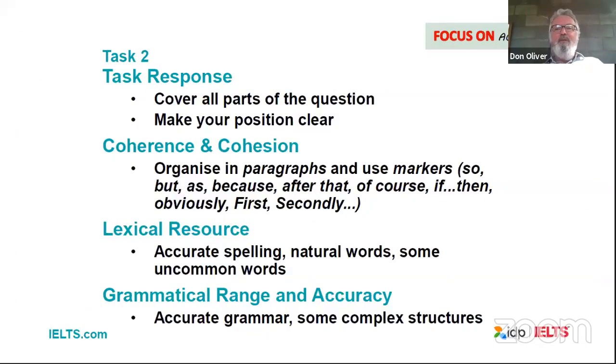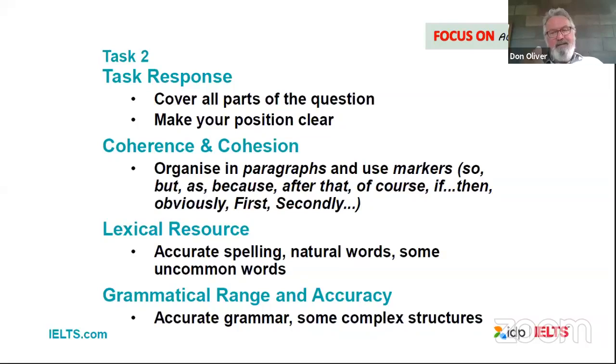Okay, we've looked at all of the criteria, and just to sum up for you, the first criterion, task response: cover all parts of the question. Make your position clear. The second criterion: use paragraphing logically.